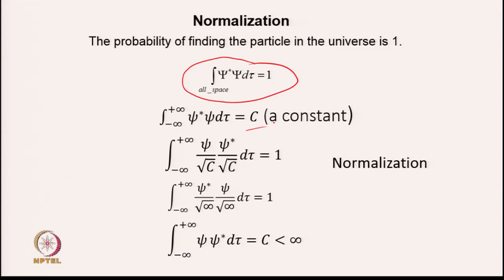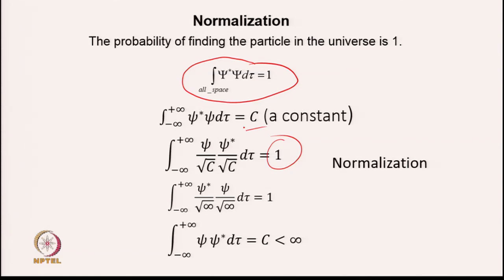Let us think about this. Suppose this value is c. Now I divide psi by root c and psi star by root c, so that c divided by root c multiplied by root c will be equal to 1. So a wave function for which psi star into psi d tau integrated from minus infinity to plus infinity is a constant can be normalized.